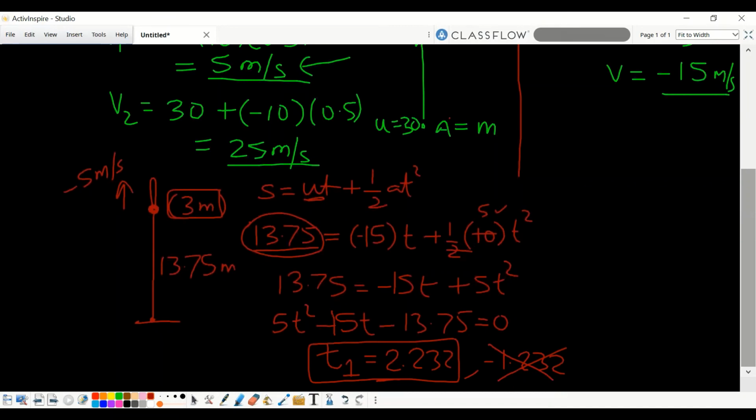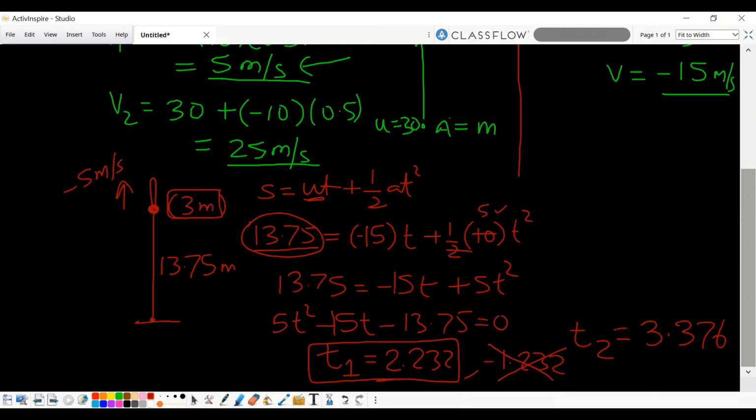I'll write that t2 here now. So t2 came out to be the positive one, 3.376, which is obviously more because it went up with minus 15 meters per second upwards, so it took more time.